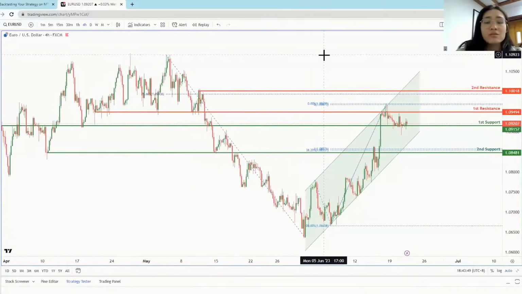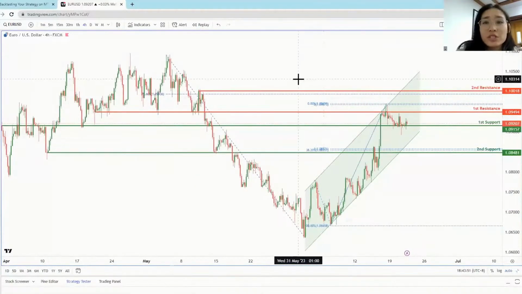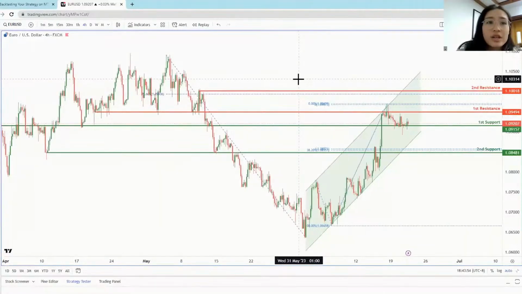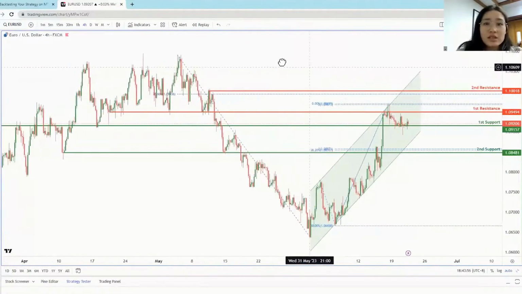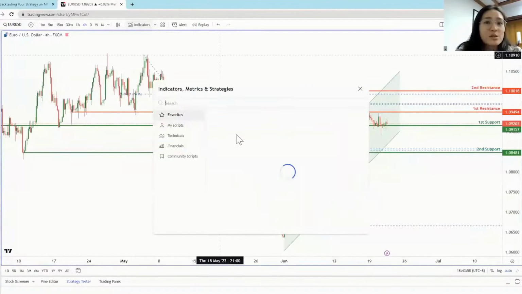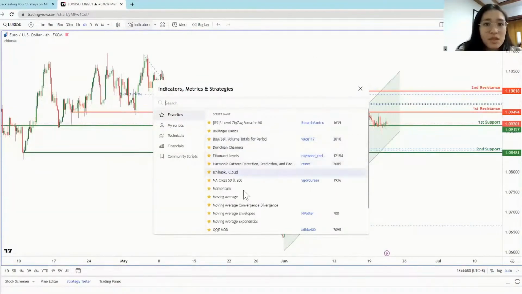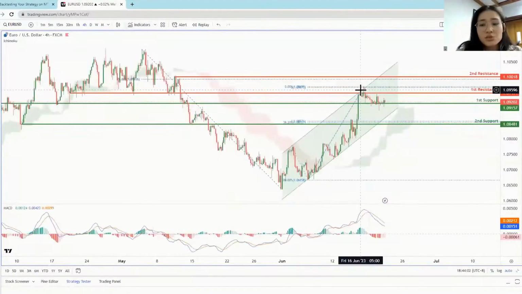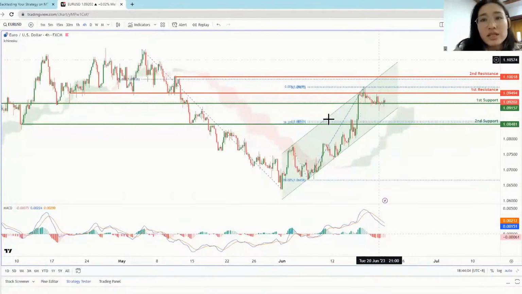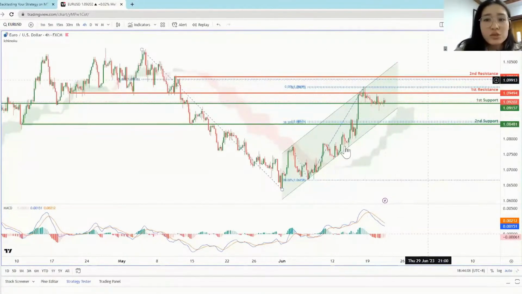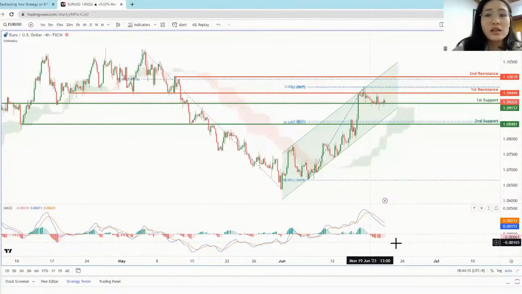Okay, now that we have all of our Fibonacci levels, we can go ahead and include some indicators to support our analysis. So we typically like to use Ichimoku and MACD, and I can see price is moving above the Ichimoku cloud, giving us a bullish bias. MACD, however, is giving us a bearish signal.